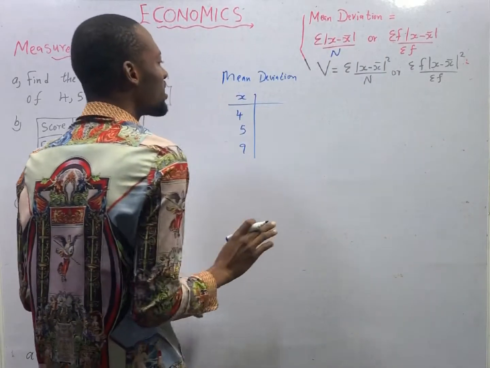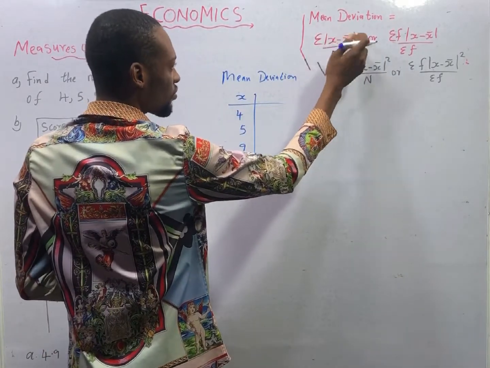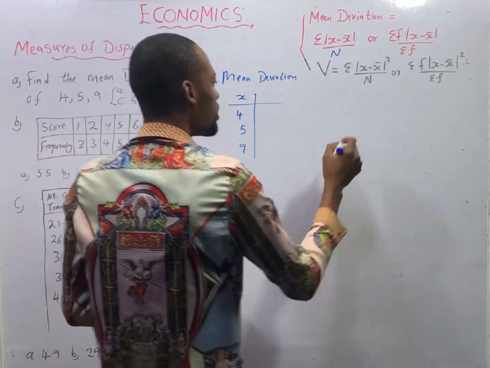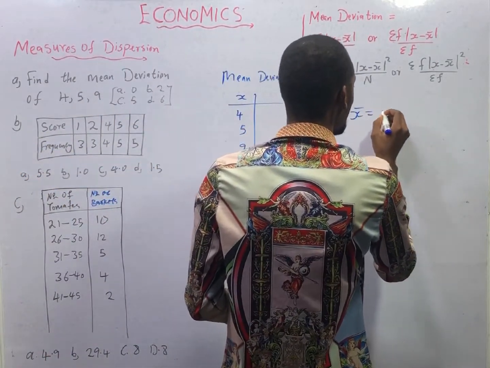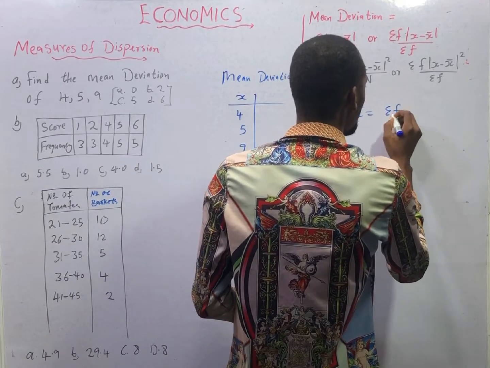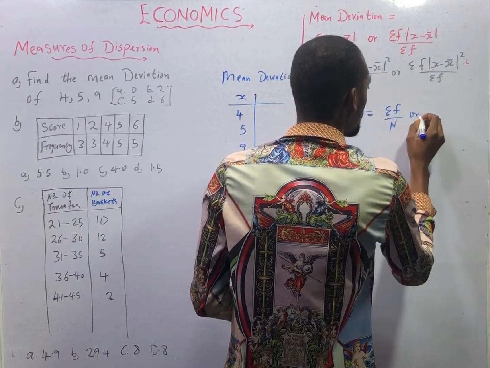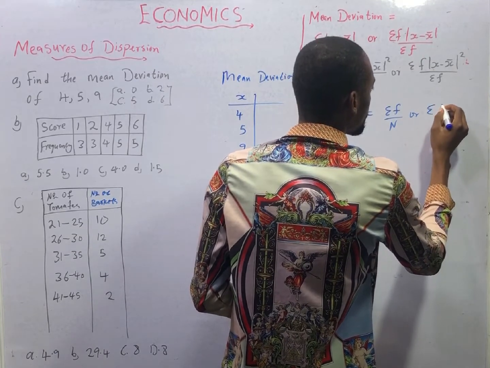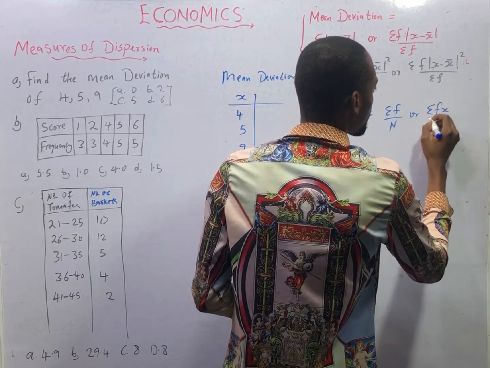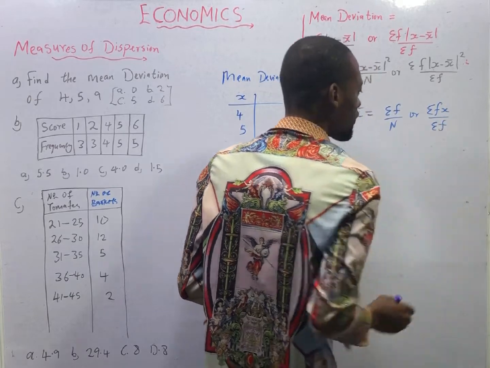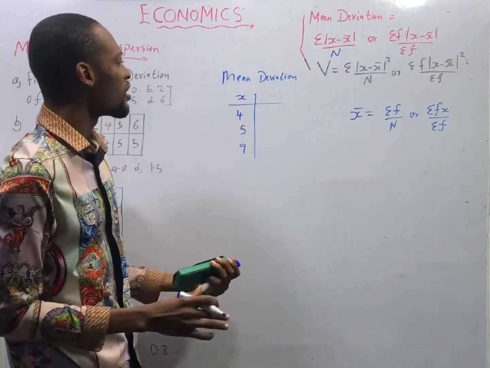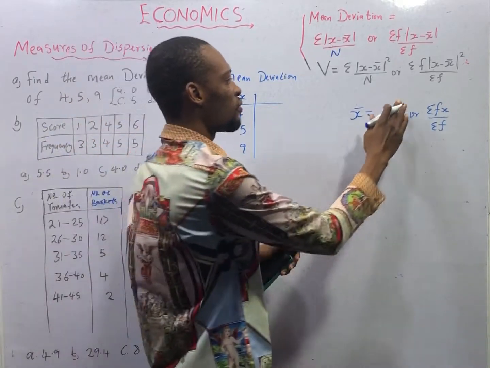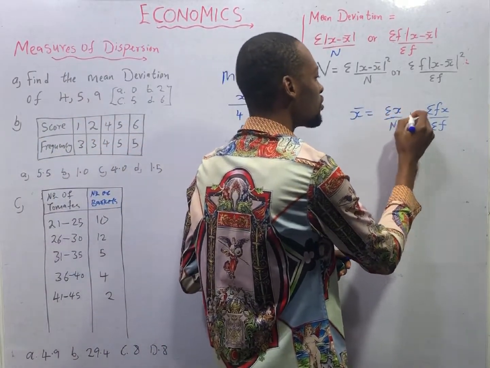Mean deviation needs s bar. What is s bar? S bar is the mean, and s bar is equal to summation of f over n, or summation of fs over summation of f. In summary, for this ungrouped data, to find the mean, we simply do the summation of s over n.